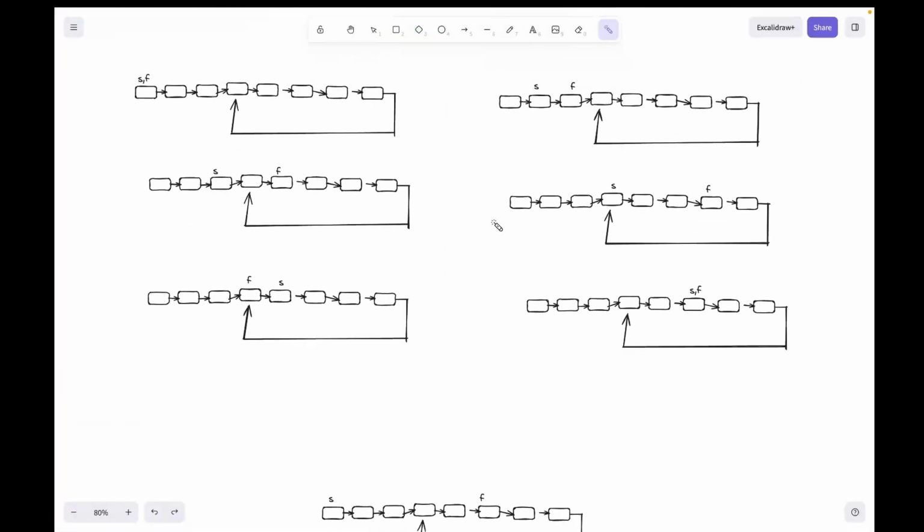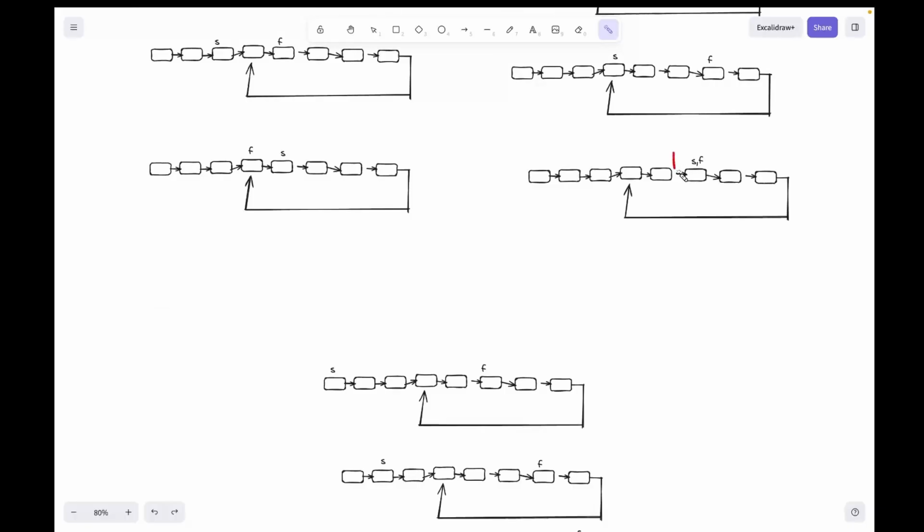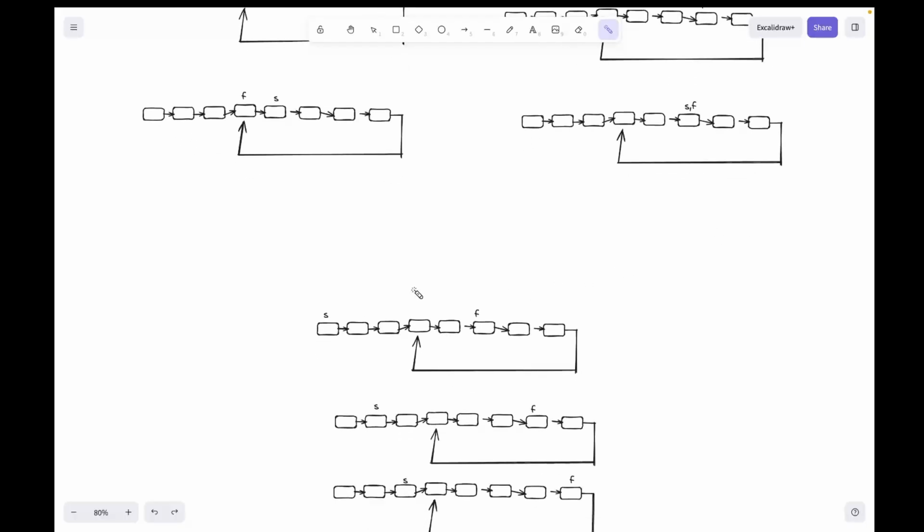Okay, so what we will do first is detect the cycle by using the same approach that we used in my previous video, the slow and fast pointers. If you got a cycle present in the linked list, then we will assign slow to the head again, and this time we will move slow by one position and fast by one position.